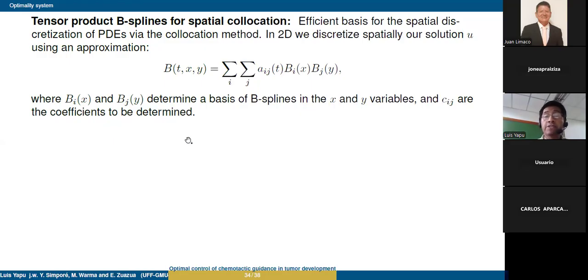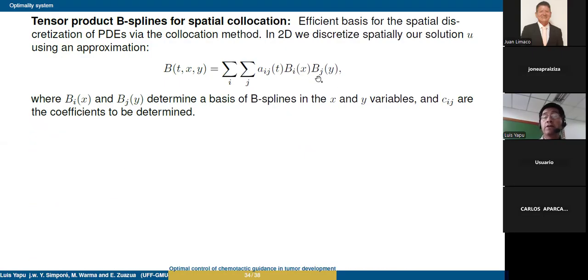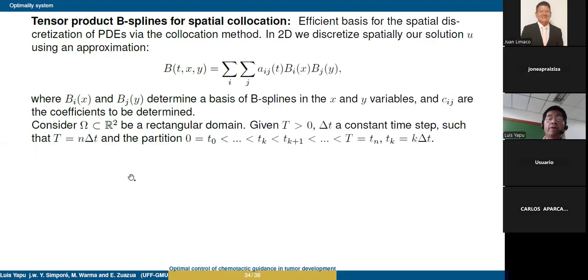We have fixed a basis. I remember that we used only 10, 20 elements of the basis in x, y. So we have fewer coefficients to compute. That is why we chose to work with splines.